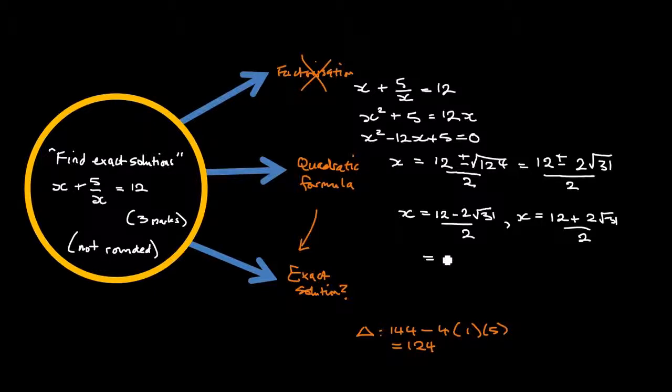So 12 divided by 2 is 6, 2 divided by 2 is 1, so 6 minus root 31. And on the right hand side, 12 divided by 2 is 6, and exactly the same, plus root 31. So our solutions now are surds. 6 minus root 31 or 6 plus root 31 gives us an exact answer to the question.